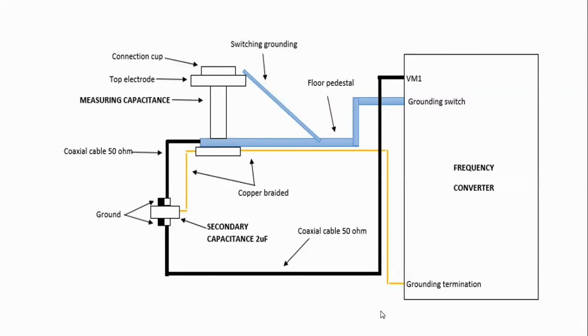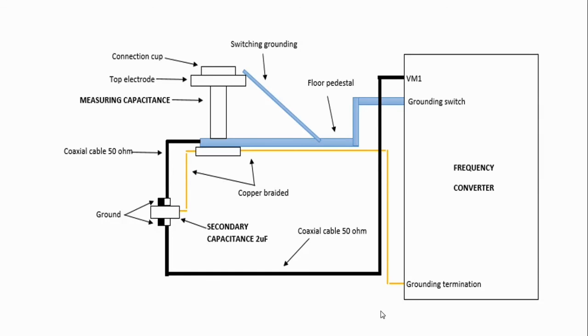The connection from the frequency converter is from the grounding switch to the floor pedestal, and the floor pedestal is attached to the measuring capacitance because the grounding switch needs to touch the top electrode to make the current and voltage go through the measuring capacitance. Then take the 50 ohm coaxial cable and connect from the measuring capacitance to the secondary unit capacitance.